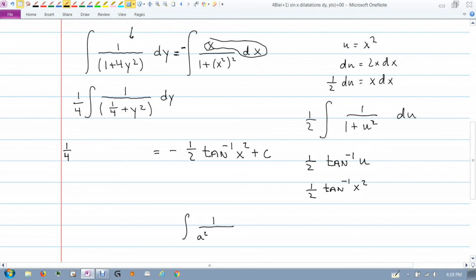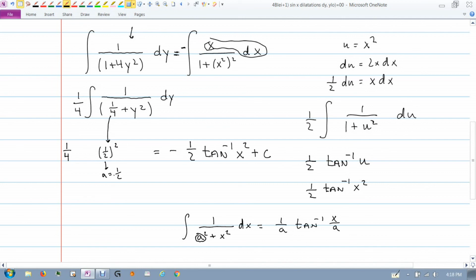over a squared plus x squared dx should be equal. I'm just going to the formula, I'm not doing anything else. 1 over a arctangent of x over a. So for us, in this problem, a is the number that's being squared here. That's going to be 1/2 squared. So a is 1/2 for us.